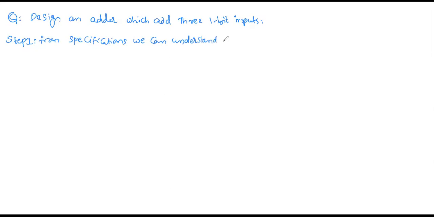You can understand it contains 3 inputs. I'm considering the symbols as A, B, C. And how many outputs will this circuit have? For example, take 3 bits. This is the maximum input we can give to the 3 input variables: 1, 1, 1.